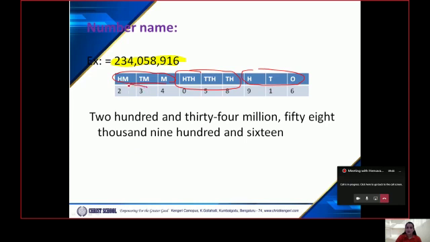Together we read it as 234. 2 into 100 is 200, plus 30, plus 4. Together we read it as 234 million. And then here 100 plus nothing, so we will just leave it. 58,916. Hope it is clear, children.